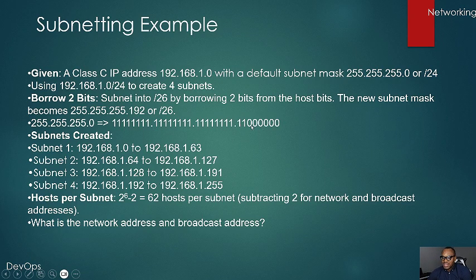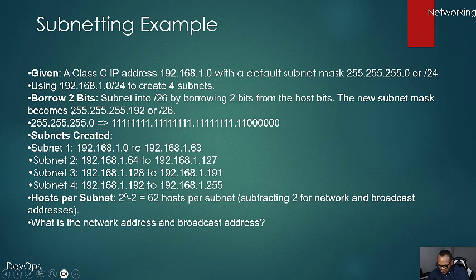So now what will be your subnet mask in decimal? Convert this into decimal and you have your number. 255.255.255. Now the 4th octet, what is the decimal of this? 128 plus 64. That will give you 192.